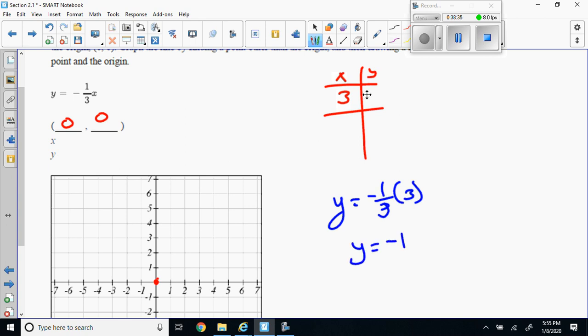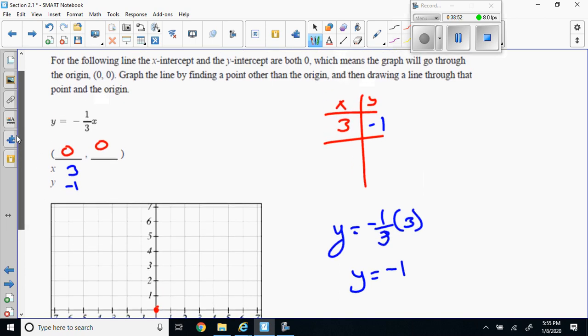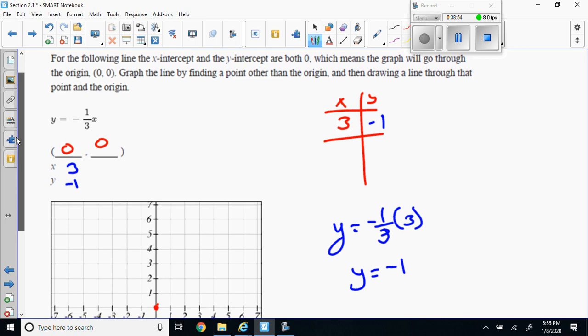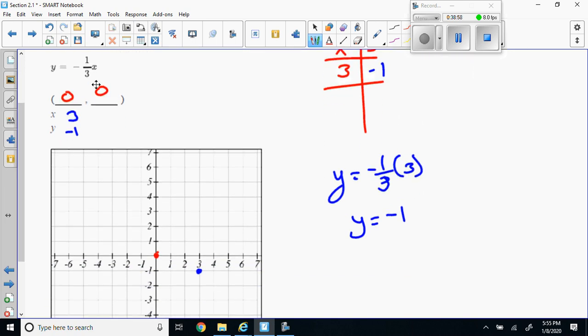The y is -1, right? So 3, -1. I think they wanted you to put what you used down there. Graph the line by finding a point other than the origin. And we did. We picked 3, multiples of 3's.